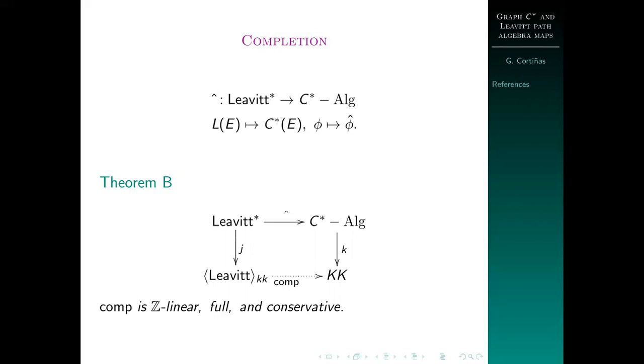So I will explain how this theorem B is related to theorem A. And for this, I need to recall that in the SPI setting, when the graphs are SPI, one can relate the KK groups of LE, LF, and of C star E, C star F, with homotopic classes of maps.